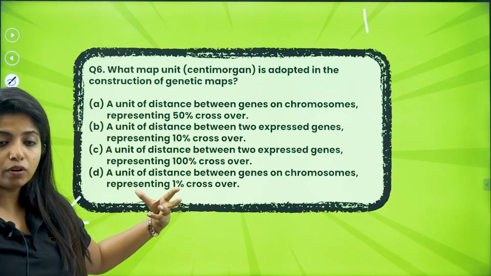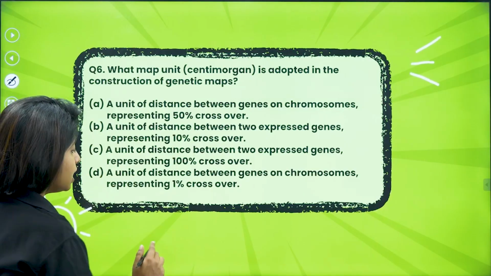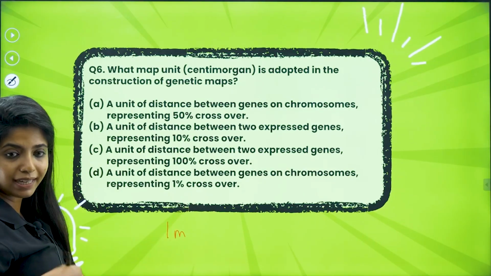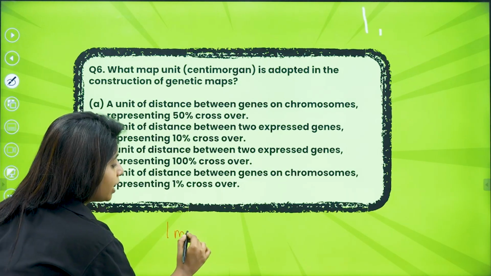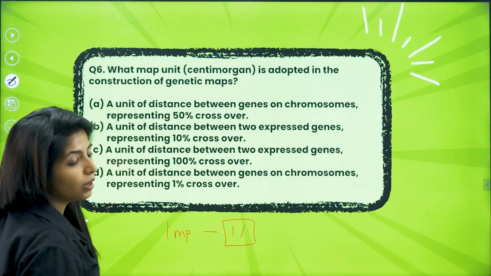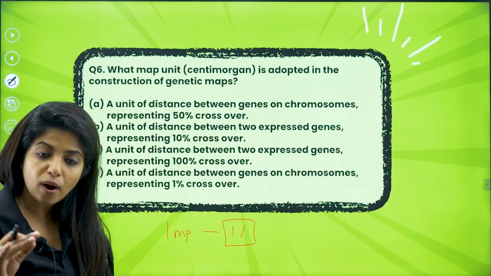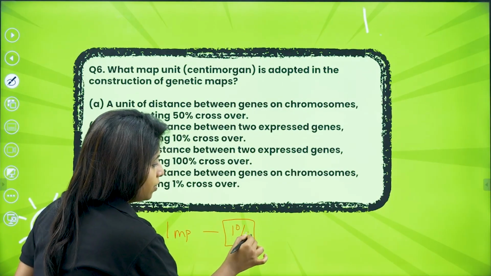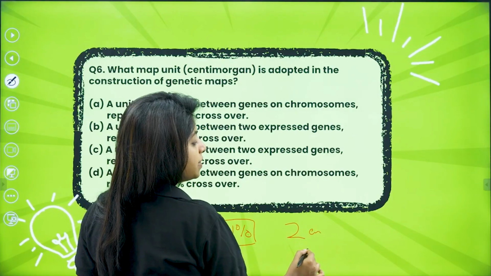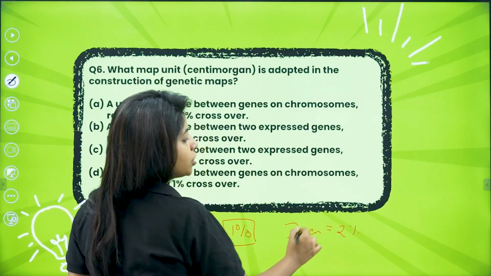So not to make it too confusing, I'll tell you the answer directly. When you say 1 map unit or 1 centimorgan, by that we mean that there is 1% frequency of recombination. If I say 2 centimorgan, that means 2% recombination frequency.